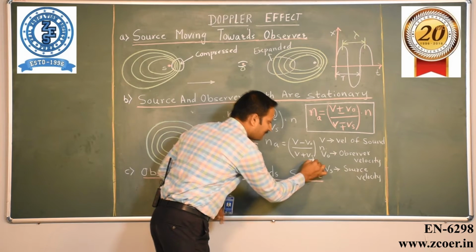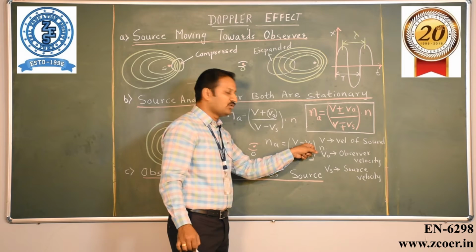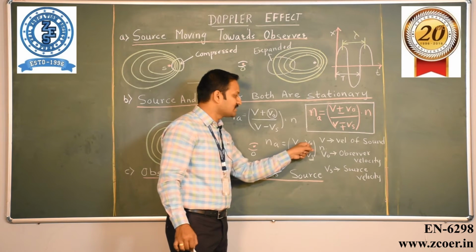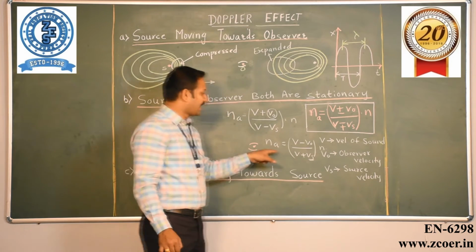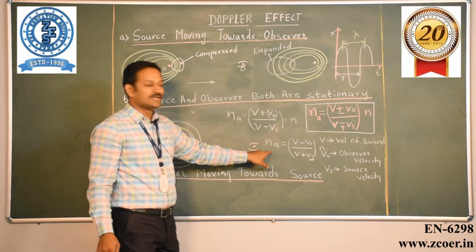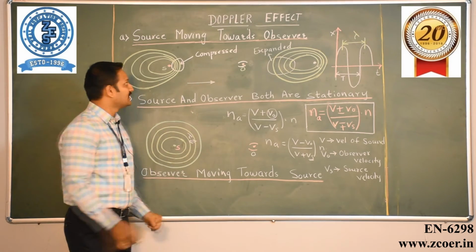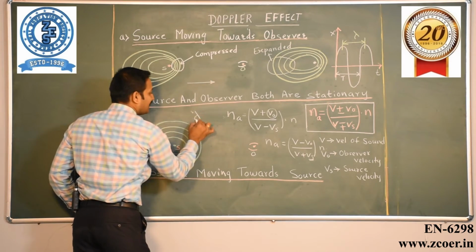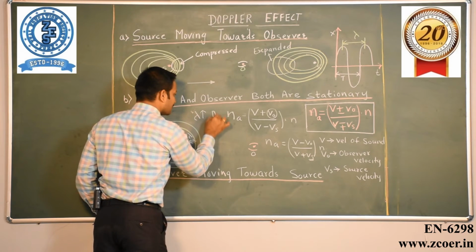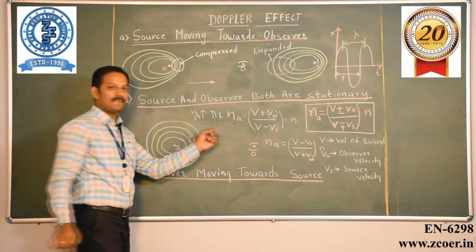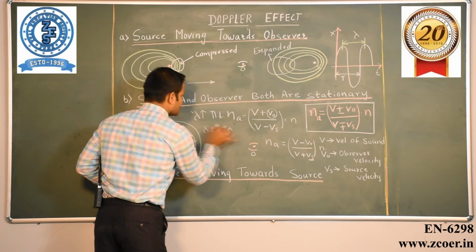So in the denominator Vs will become 0 and Vo will have certain value. So V minus Vo, that means the numerator will be less than that of denominator and you will find change in the frequency. So the bottom line of this particular Doppler effect is, as the lambda increases, there will be certain decrease in the frequency, or when the lambda decreases, there will be increase in the frequency.